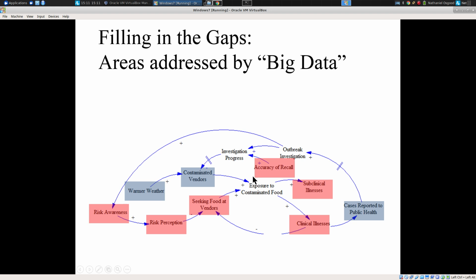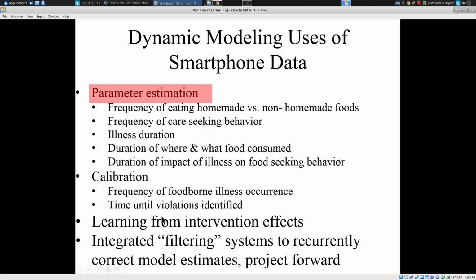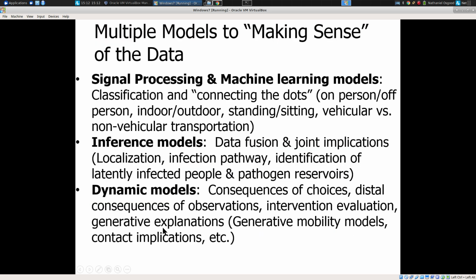Cheryl is very interested in accuracy of recall, as was I. How well could they actually recall from an earlier time where they went, because that could factor a lot into how much automatic recording of where they've been could improve the accuracy to zero in on a contaminated vendor, how much they were actually seeking food at vendors, their risk perception, etc. So we could, in principle, inform risk perception.